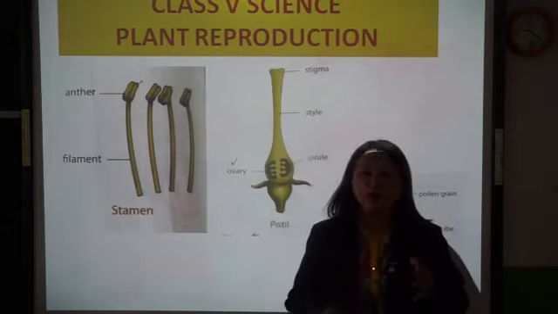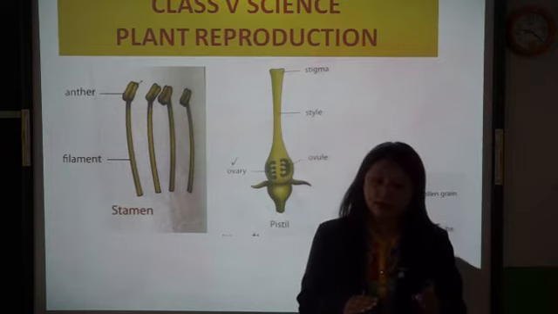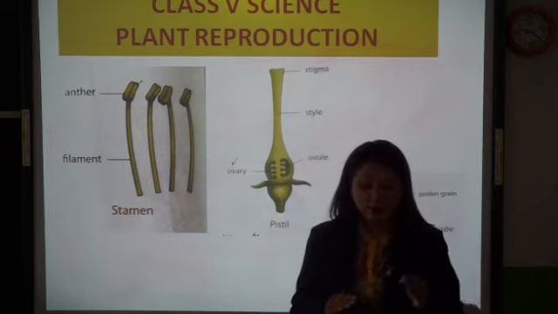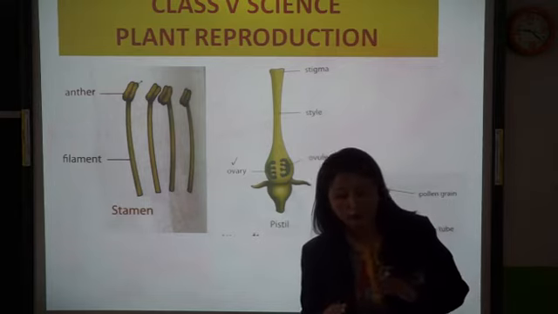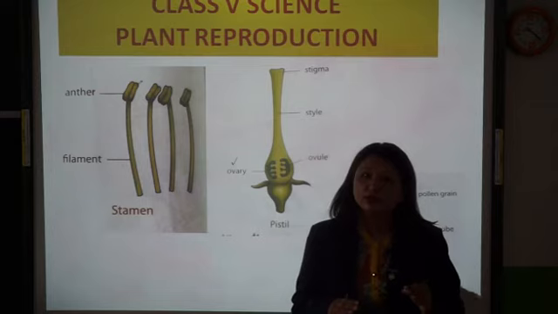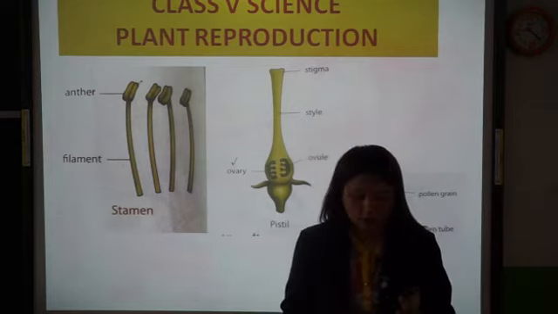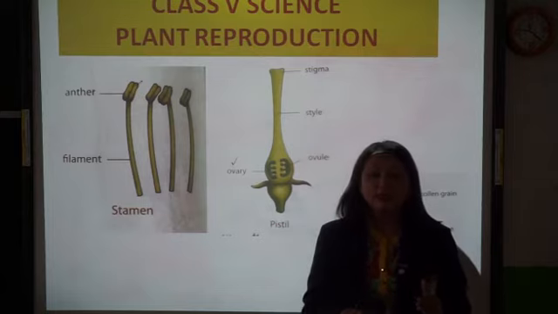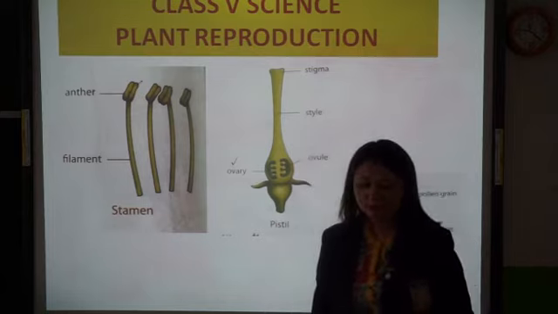It has to be followed by a process in which there is fusion of pollen grains with the ovule, and this process is known as fertilization. So let's see the process of fertilization.